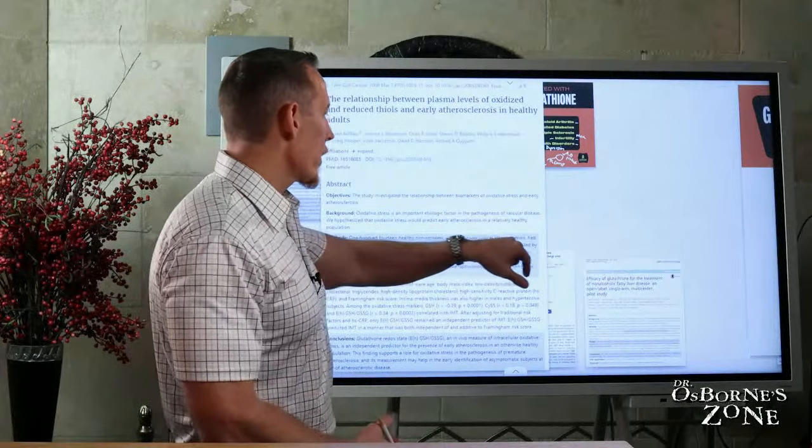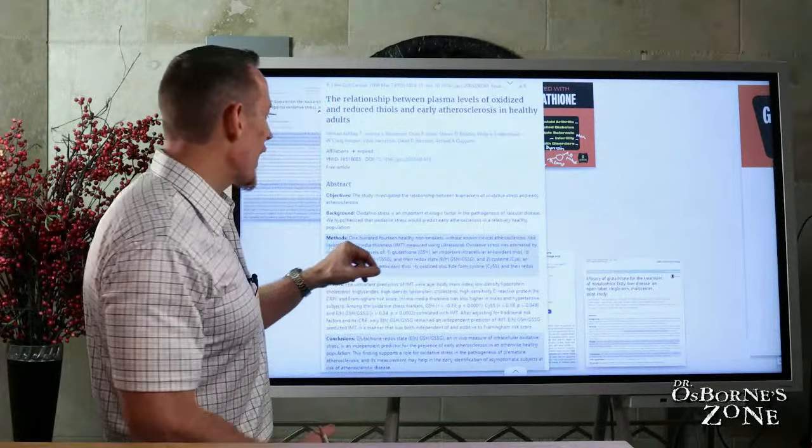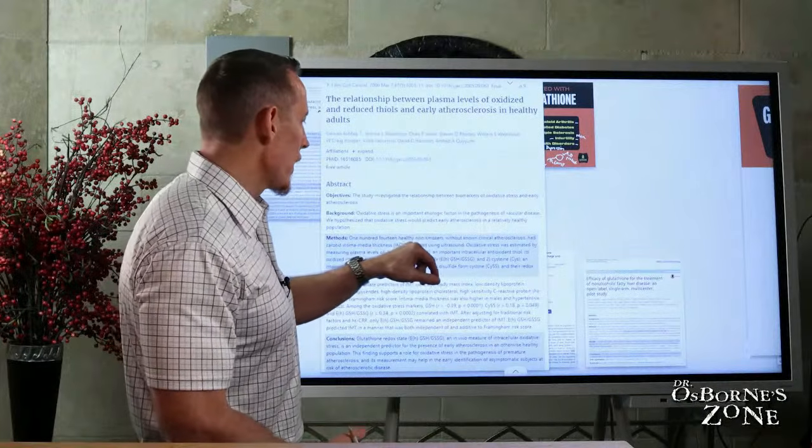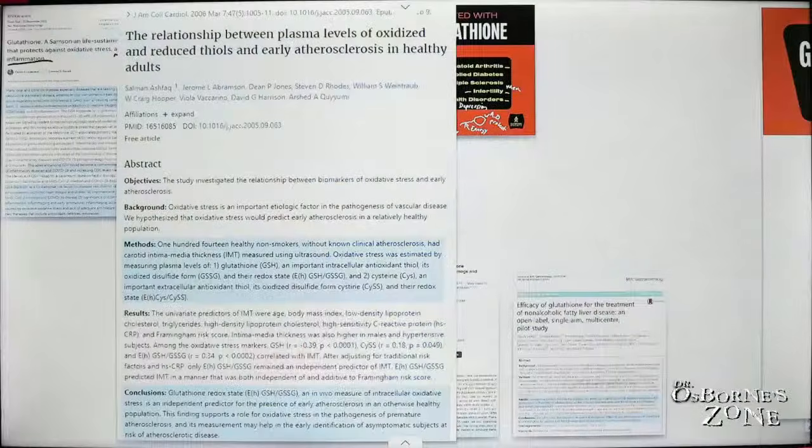As well, oxidative stress was estimated by measuring plasma levels of glutathione, okay, an important intracellular antioxidant thiol, and its oxidized disulfide, GSSG, and their redox status, as well as measuring cysteine, an important extracellular antioxidant used to help produce glutathione.